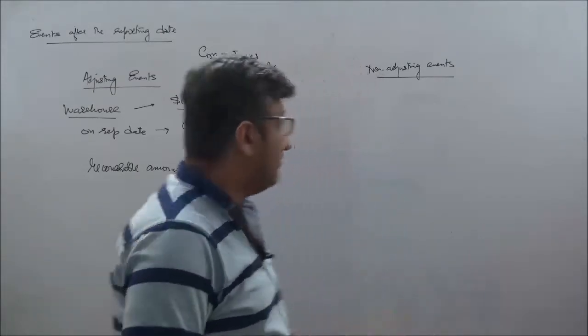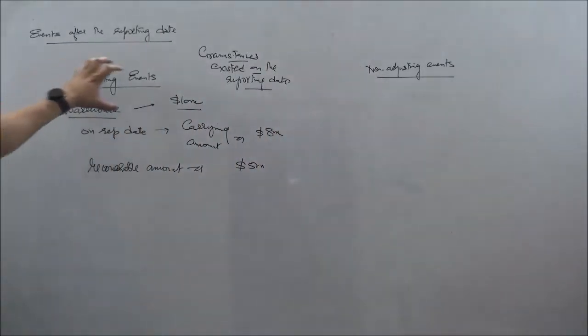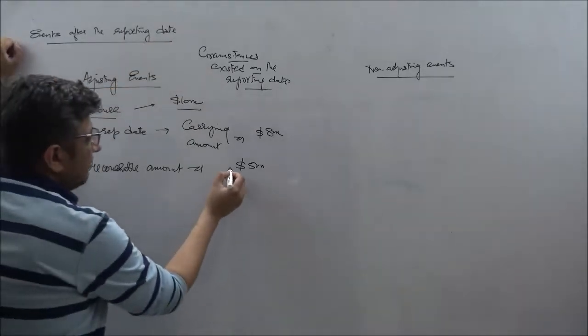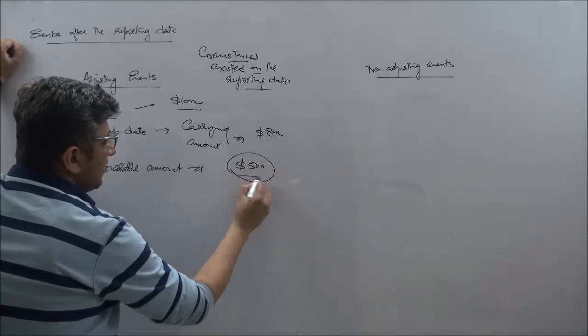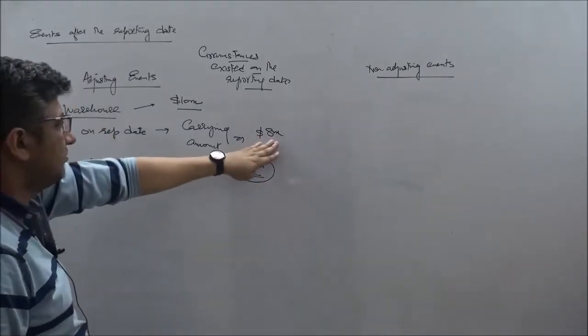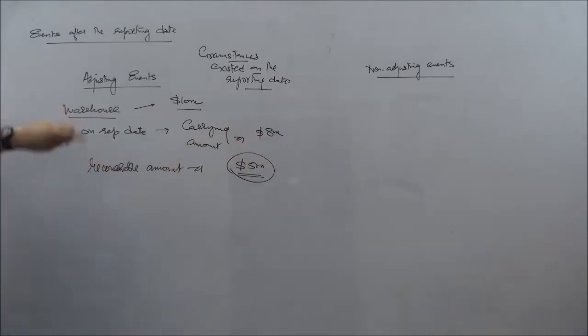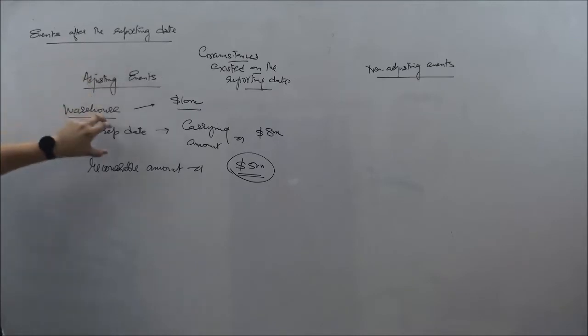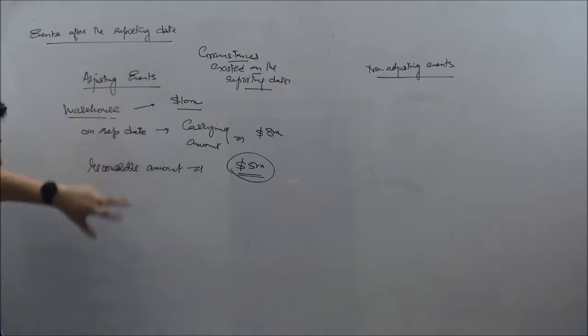Okay, so when I'm looking at this kind of a scenario, it would be prudent for me to bring the value of this warehouse to $5 million instead of $8 million, which means that I shall adjust the value of my warehouse on the reporting date. How do I adjust it?